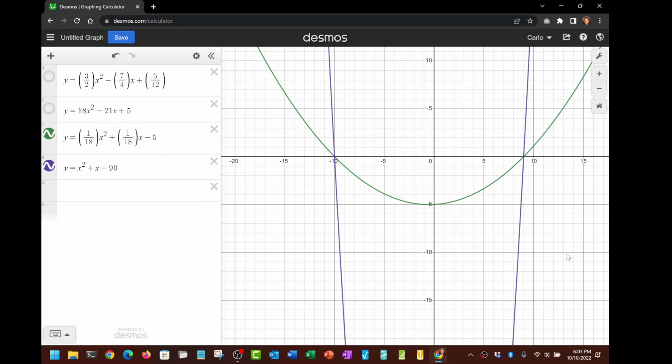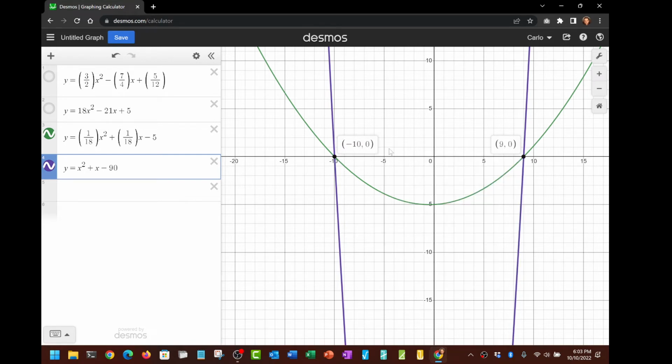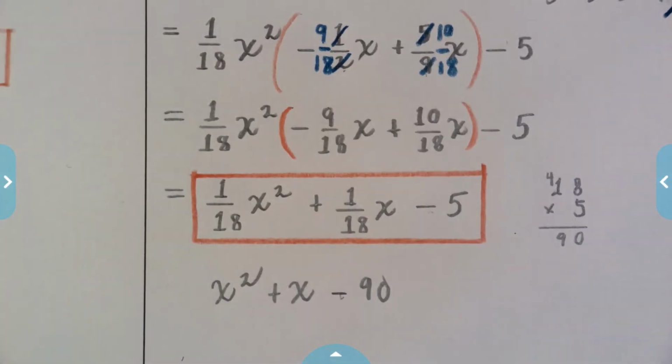But fundamentally, the main point is that what we did to dramatically simplify that problem to be just x squared plus x minus 90 instead of all those fractions, it didn't change the solutions. Those are the solutions, the x-intercepts. Negative 10 and 9 are the answers to the question if you had to solve the quadratic.